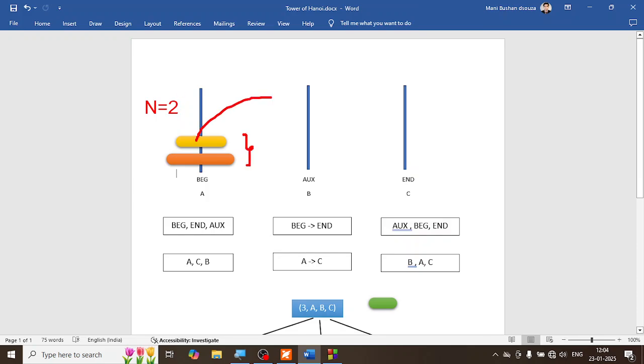You are moving one disk, which is n minus 1, that is 2 minus 1, which is 1. So in other words, you have to move n minus 1 disks from A to B. So you have to move one disk from A to B.